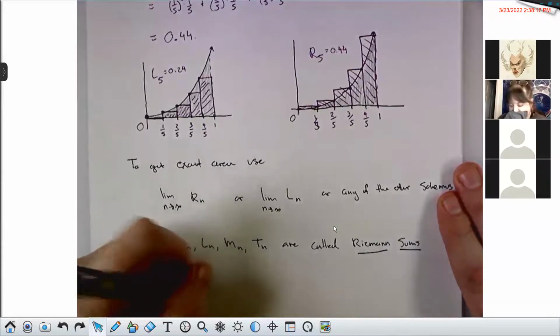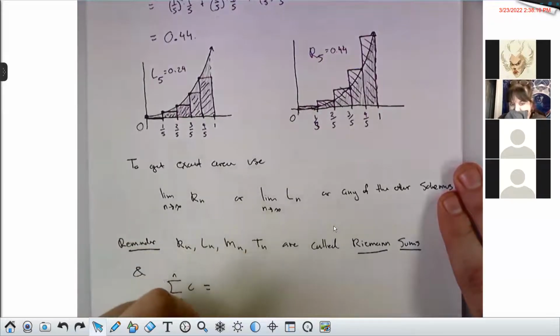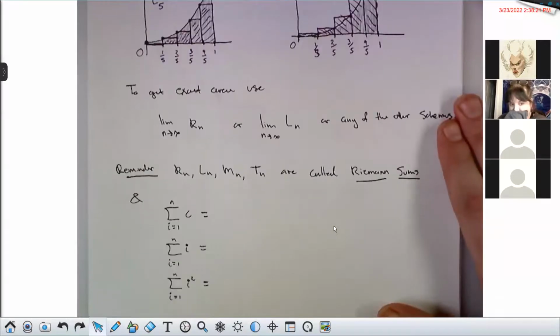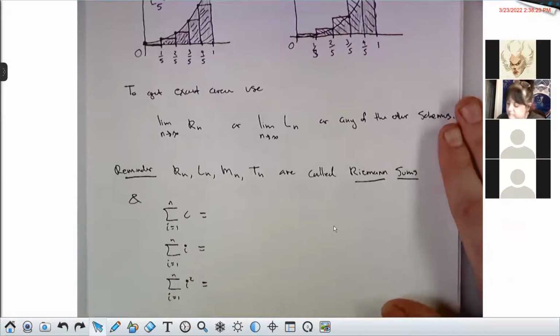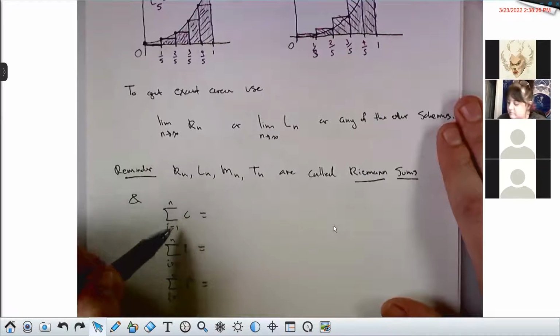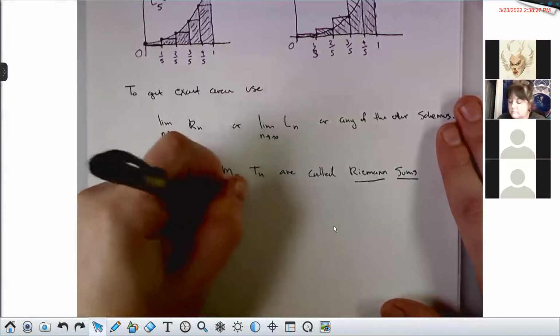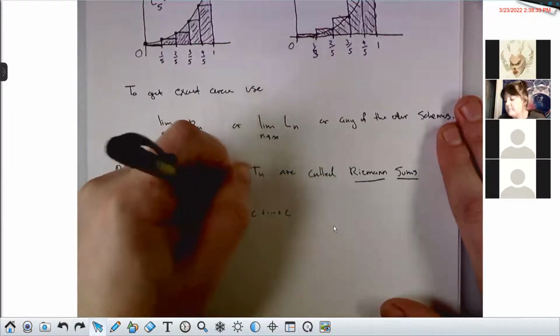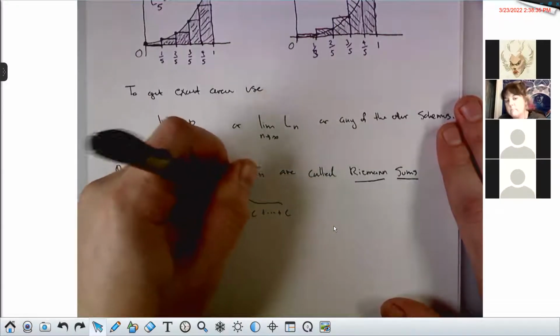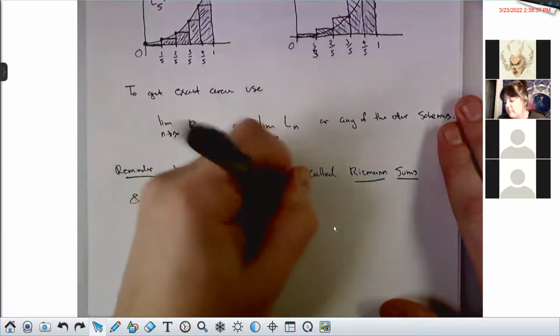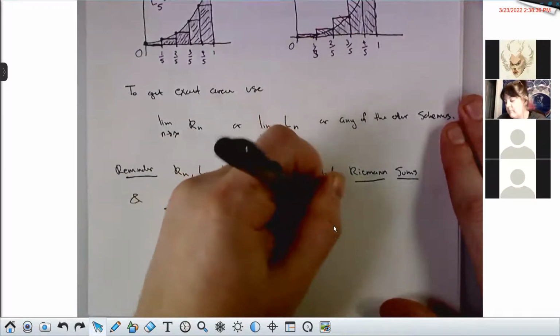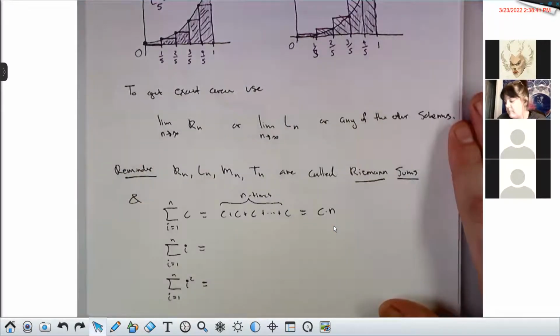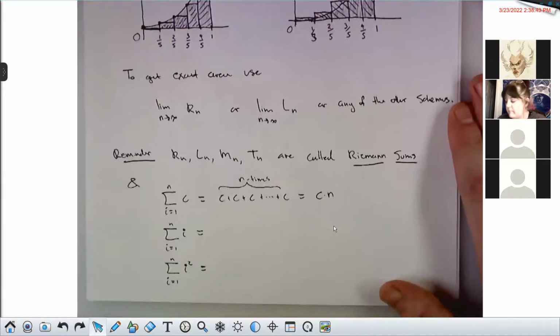I have some special summation formulas for you. If you add up a constant from 1 to n, this is c plus c plus c, and so on, plus c n times, you're going to get c times n. There's a fun story behind this one.